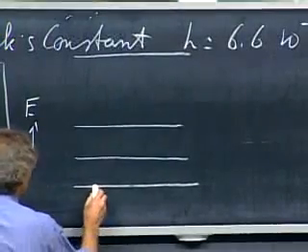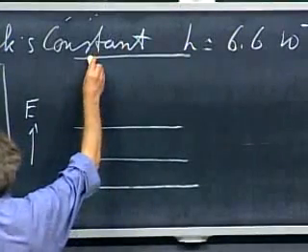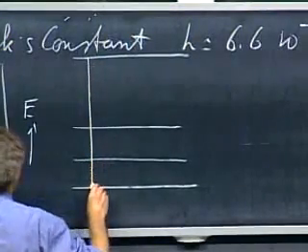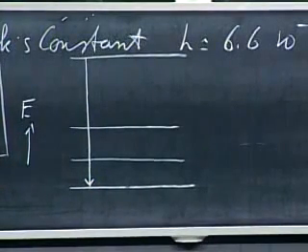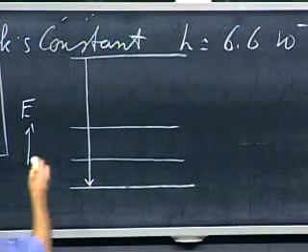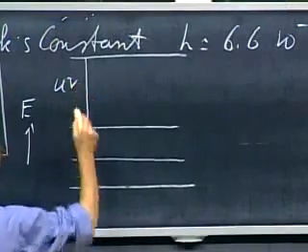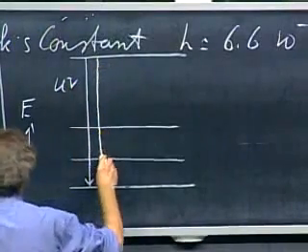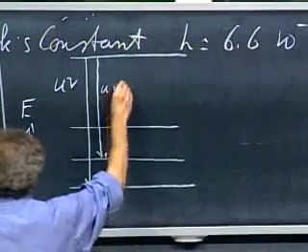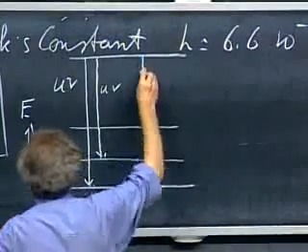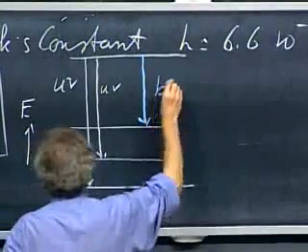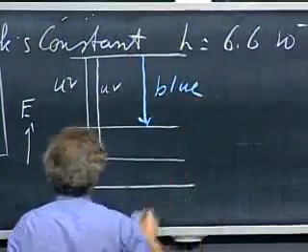And if this electron had jumped all the way here, then it could fall back at a later moment in time, and the energy could be so much that you couldn't even see the light. It could be ultraviolet. And this jump may still be ultraviolet. But now this jump, which is a little less energy, that may be in the blue part of our spectrum. So we may see this as blue light.